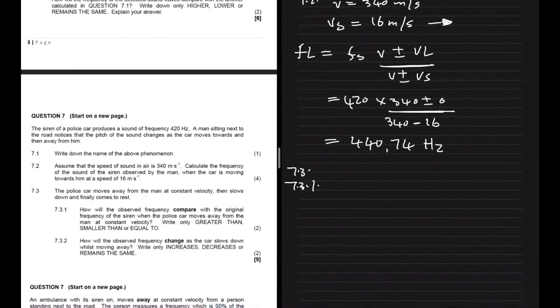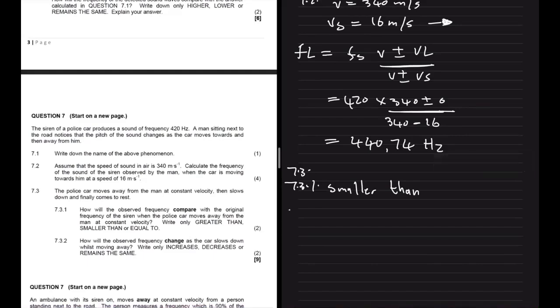When it's moving away, the observed frequency is going to be smaller than the original frequency, because in the denominator we're going to have a plus sign. So if you increase the denominator and keep the numerator the same, the number overall is going to be smaller.